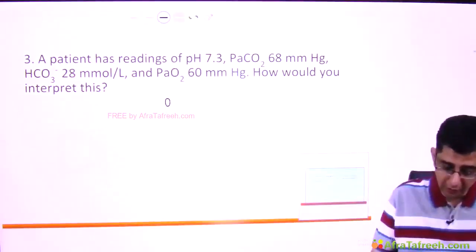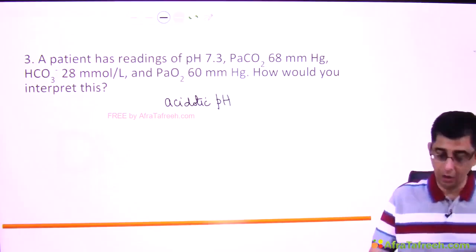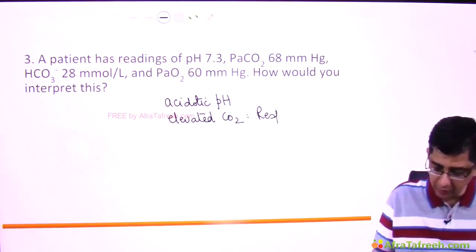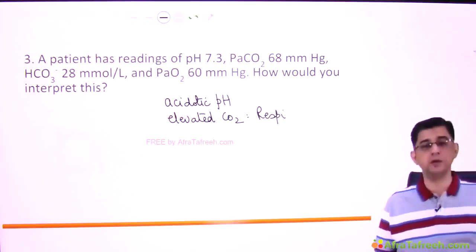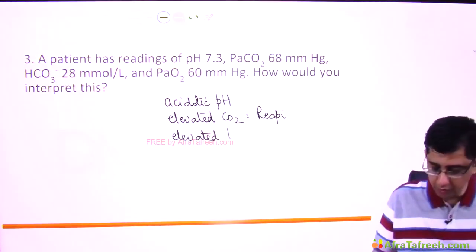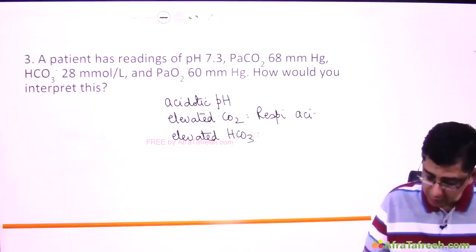You can see the fact that whenever you read the question, you should immediately think pH is 7.3, acidotic pH. PCO2 is 68, so it is an elevated carbon dioxide, which immediately tells you there is a respiratory etiology behind the problem in the patient. Then look at the value of bicarbonate. Normal is 22 to 26, and in this case the bicarbonate is elevated, so that is helping to neutralize the respiratory acidosis in the patient.